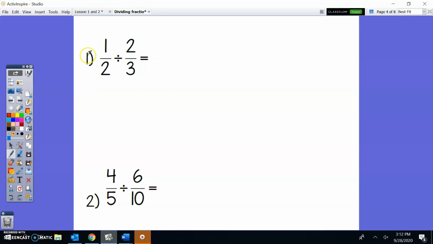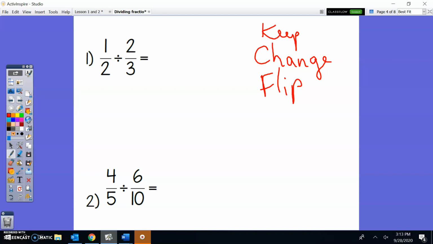Try questions number 1 and 2 right now: 1/2 divided by 2/3, and then 4/5 divided by 6/10. Remember, keep is step number 1, change is step number 2, and flip is step number 3. Keep, change, flip.